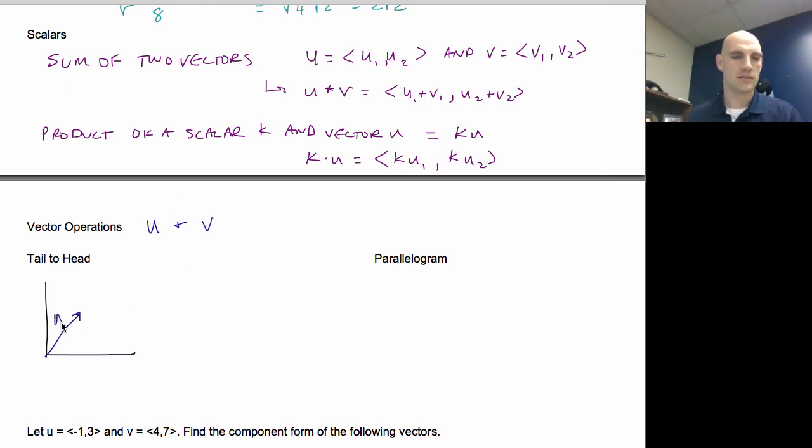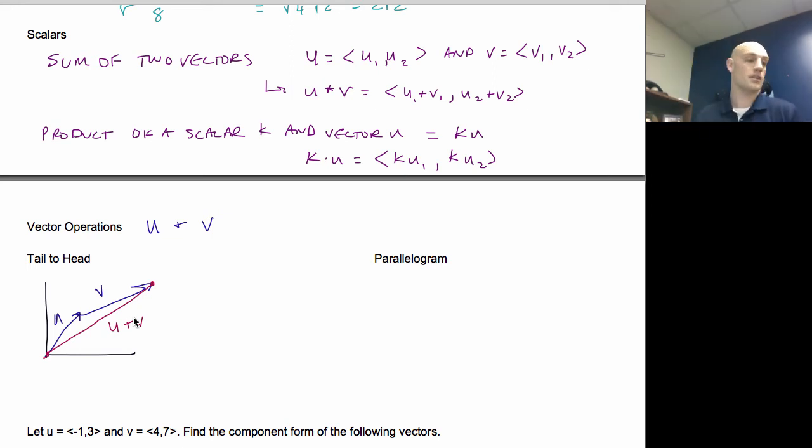And that's vector u. Tail to head says add v onto the end, so put the tail to the head, and then the answer goes from my initial point to my new terminal point, which is at the end of both of the vectors. So this is u plus v. Okay? So wherever that point ends up, that's going to be u plus v.